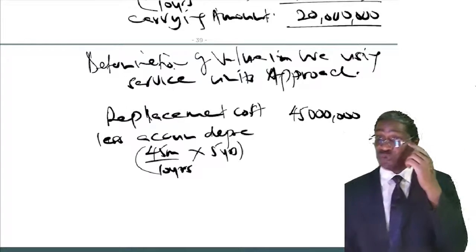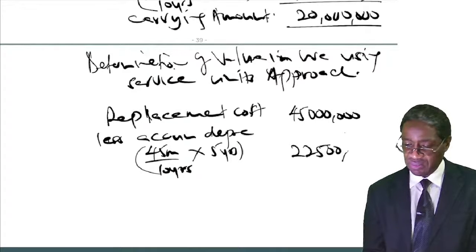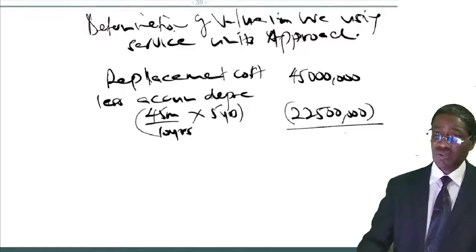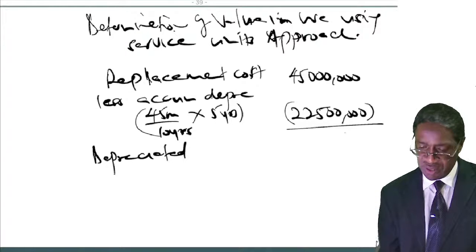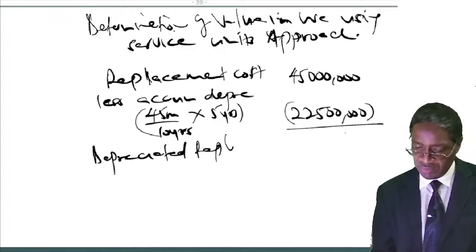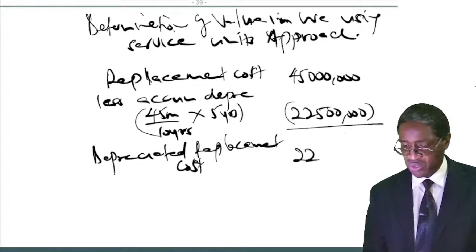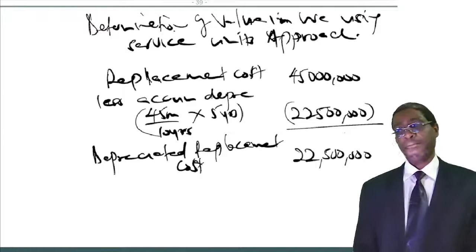Half of 45 is exactly 22,500. That leaves me with what we are calling depreciated replacement cost of another how much? 22,500. Are you there? Hope so.